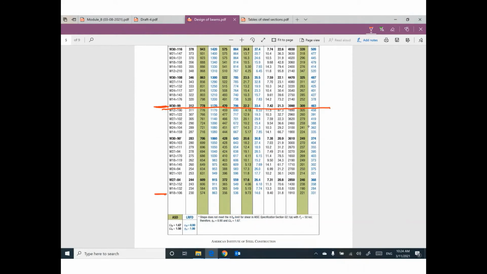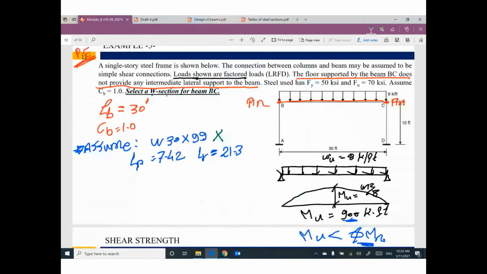Okay, let's start with this one. No, this one will not work because the value here is 800. We need 900. So, okay, let's start with this one. W21 times 111.